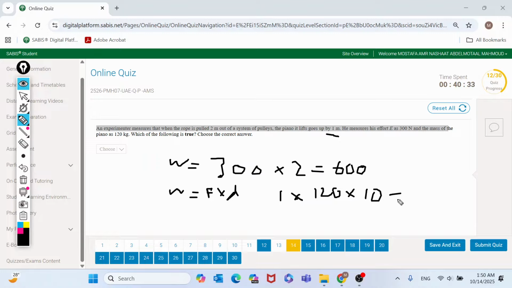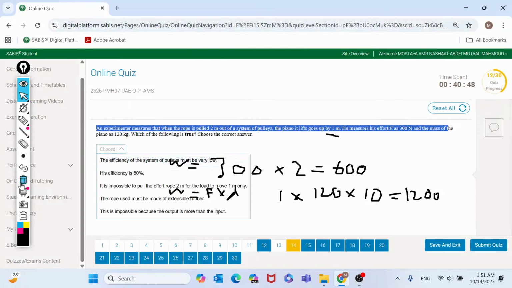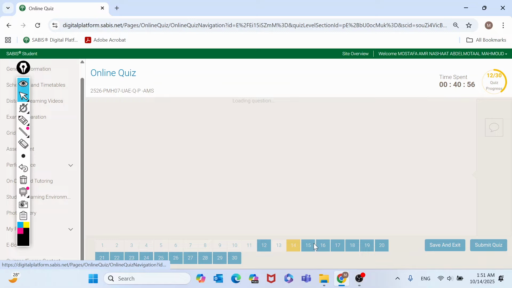That's equal to 1,200. So if you put in 600 joules, you're not gonna get out 1,200 joules. That's not how it works. So let's say this: it is impossible because the output is more than the input, yeah.